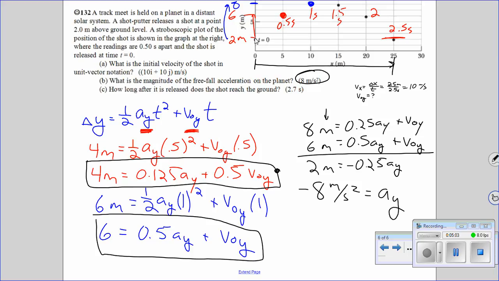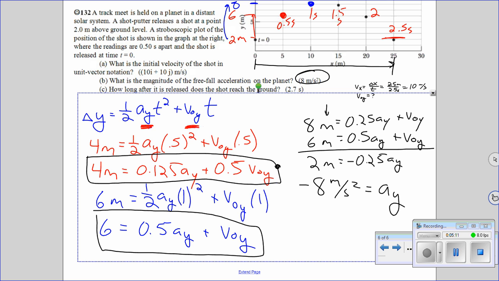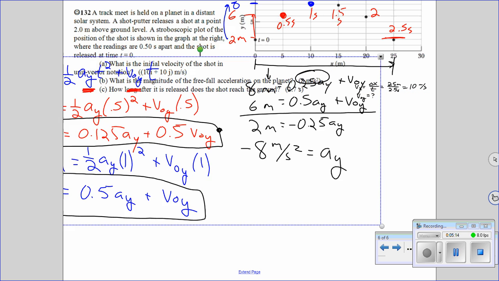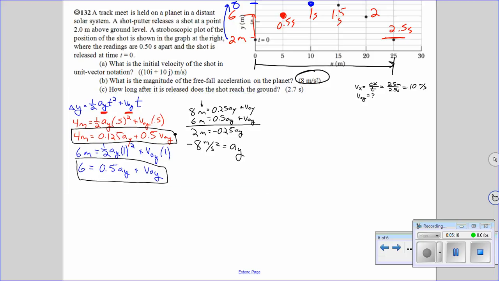So that's part B, and now that I know my AY, I can find my V0y. Let me clear up the board a little bit. Almost done. We're through the nasty bit. There we go. Okay, cool. So now I can find my V0y, right? Let's do that in blue.